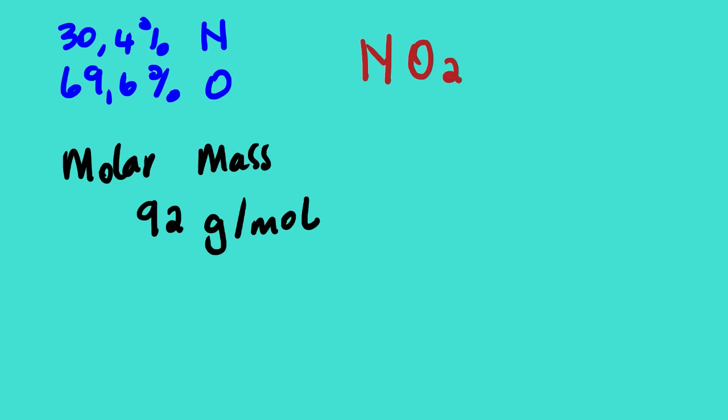We know that the empirical formula is the smallest ratio of a compound or a molecular formula. So this empirical formula can yield many molecular formulas. Since it is the smallest ratio, just know that it can be N2O4. If you multiply these numbers by 2, it can be N3O6.